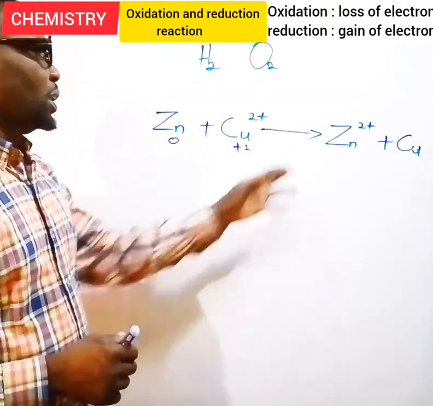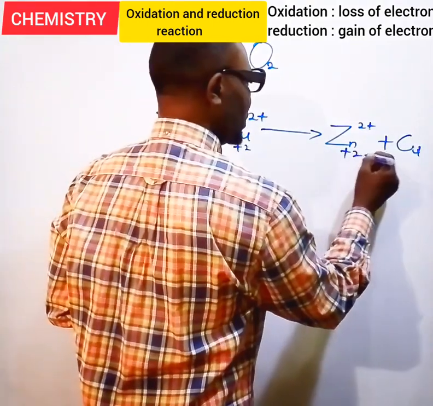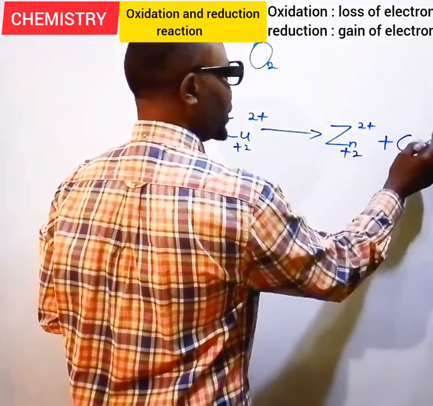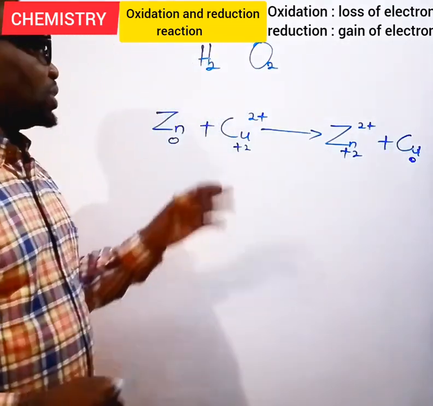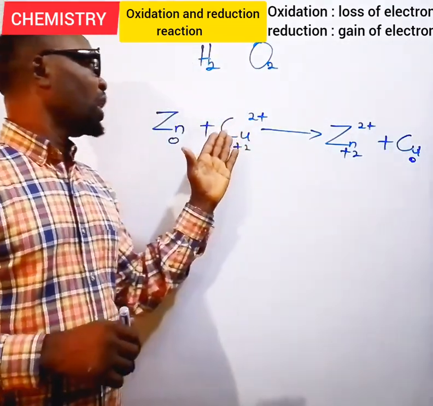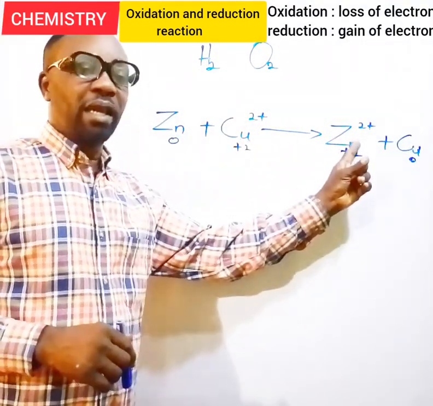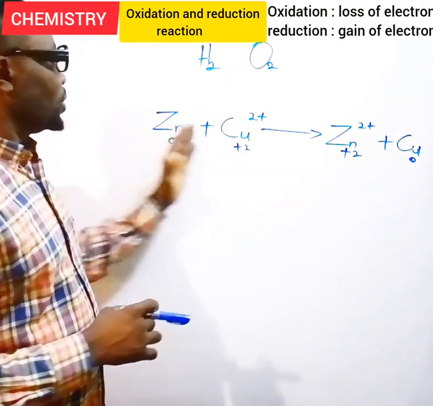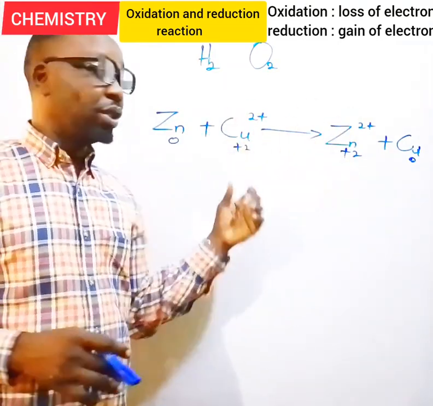The oxidation number of this zinc here is plus 2, while the oxidation number of this copper here is 0. We have only copper here, but the oxidation number is written on it, likewise zinc here. So with regard to the oxidation number of these two, we take it into consideration like that.